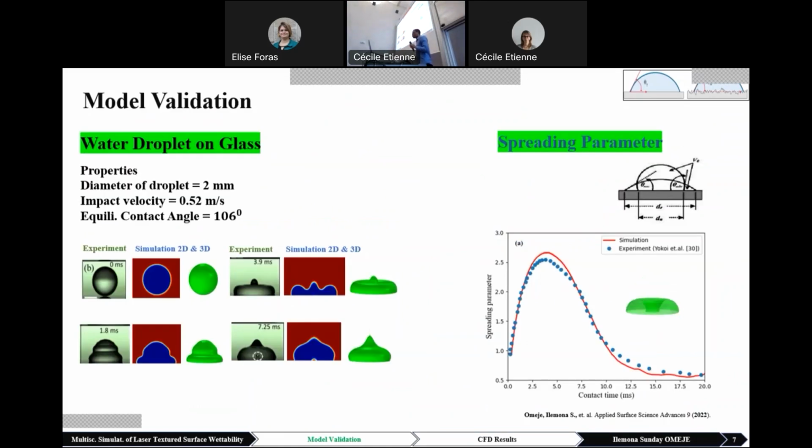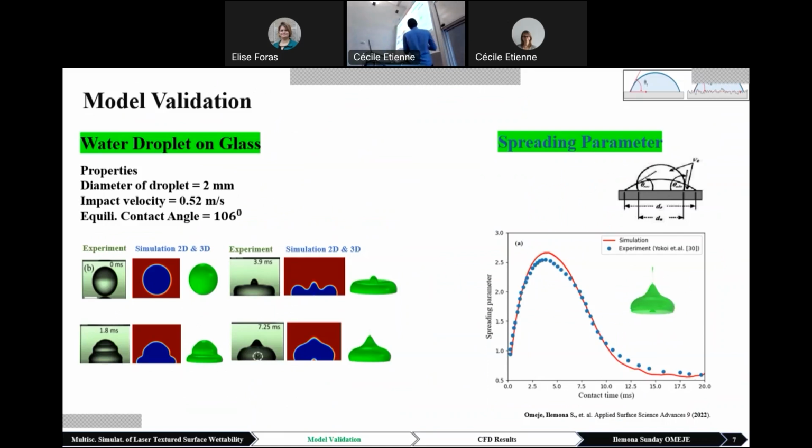We carried out a model validation by simulating water droplets on glass, and we compared with different experimental results. As you can see from the first experimental result, the snapshots of the droplets at different time scales correspond with that of the experiment.